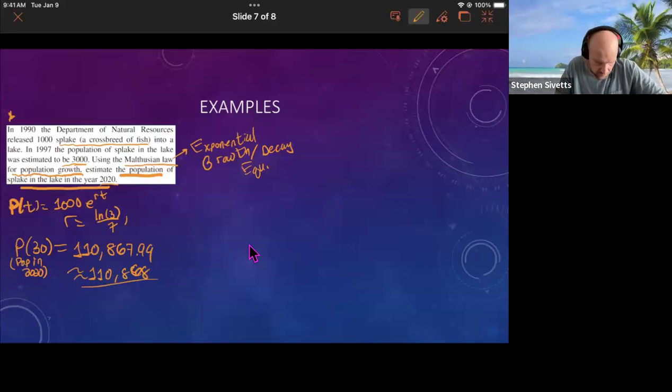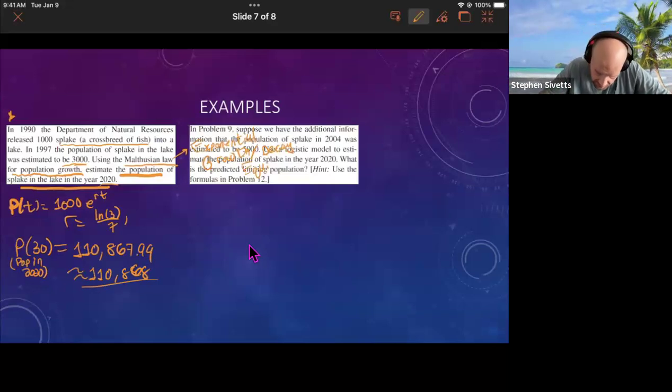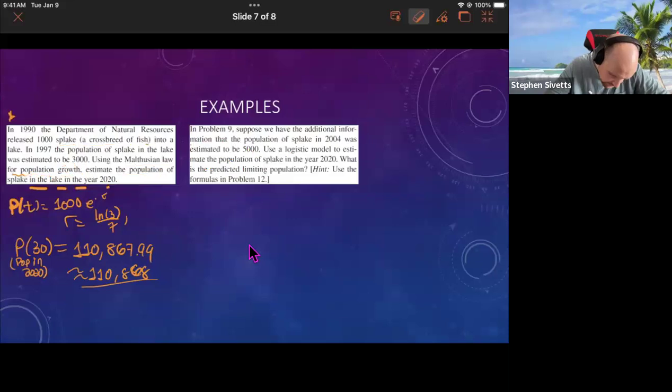Okay, but I want to move over to the logistic equation example. Right, so let me erase this. So in this previous problem, this time, suppose we have this additional information that the population of the splake in 2004 was 5,000.